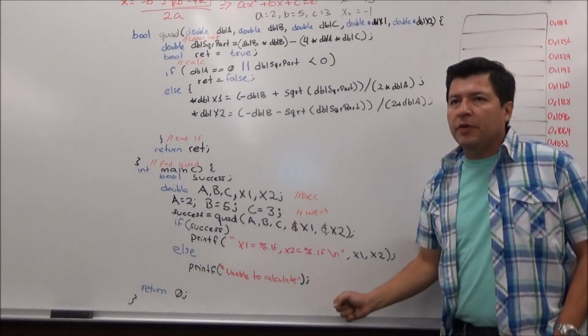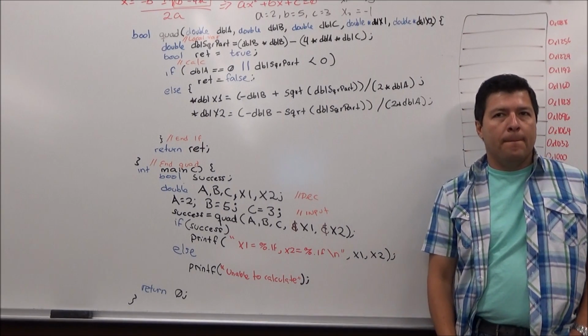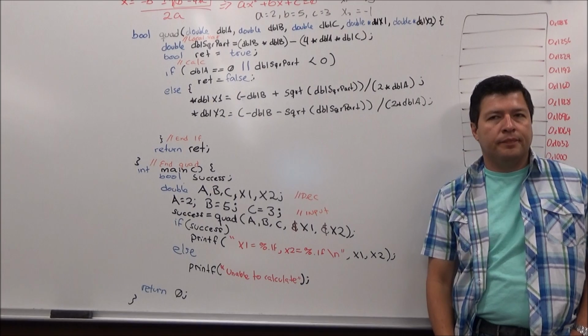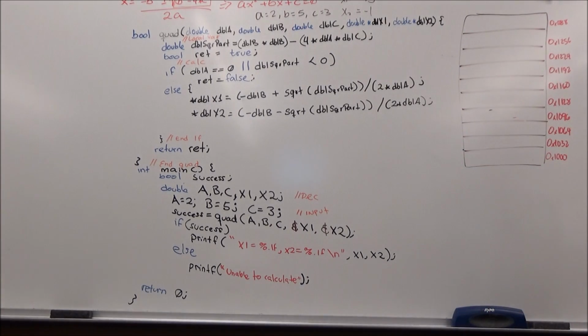So if you write this in Visual Studio, it should work. So let's change our operating system to a 64-bit for now. And let's see what happens in memory when you run your program.